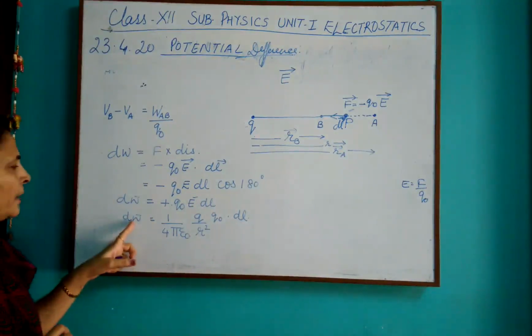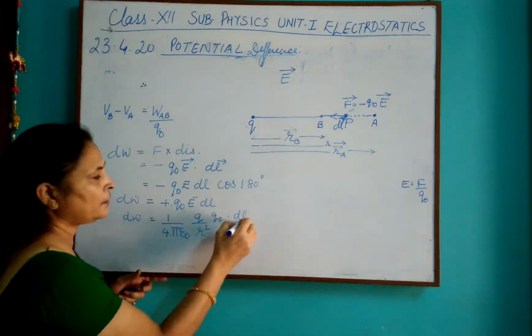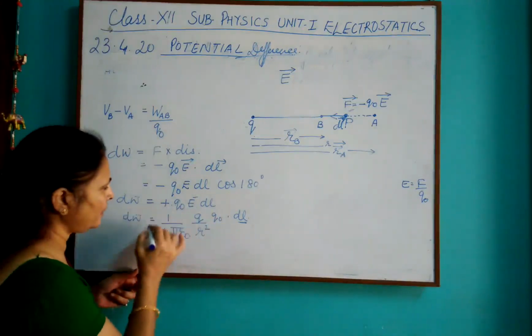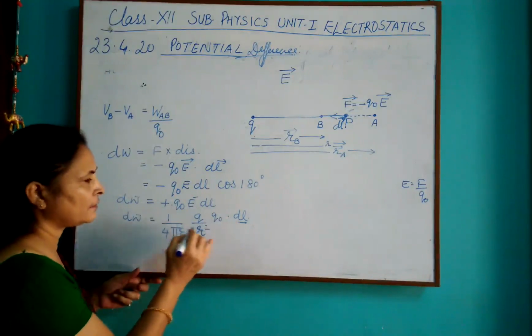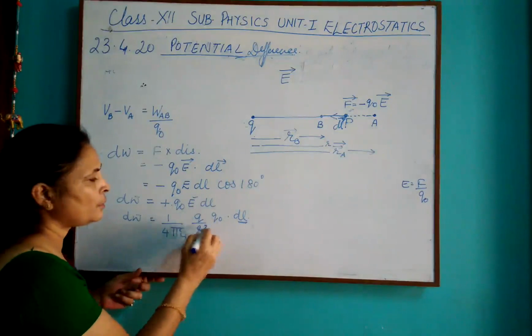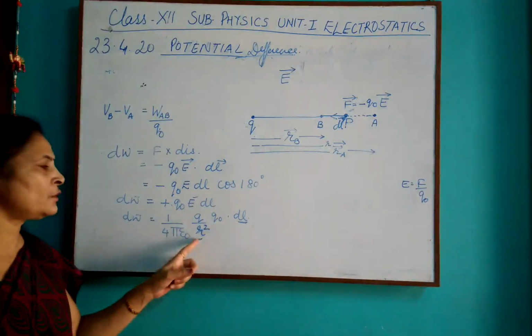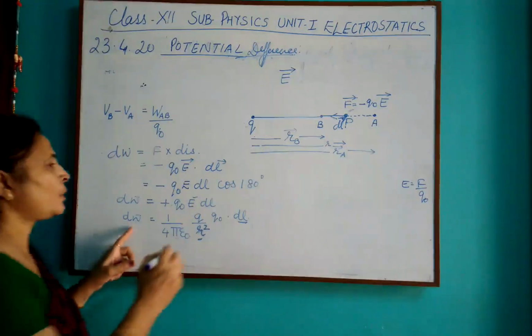That means for finding out work done, I'll have to integrate in terms of dl. See, we do not have any term of dl in this expression. But we know that dl is connected to r. So dl either has to be written in terms of r or r has to be written in terms of dl. So how will we write?